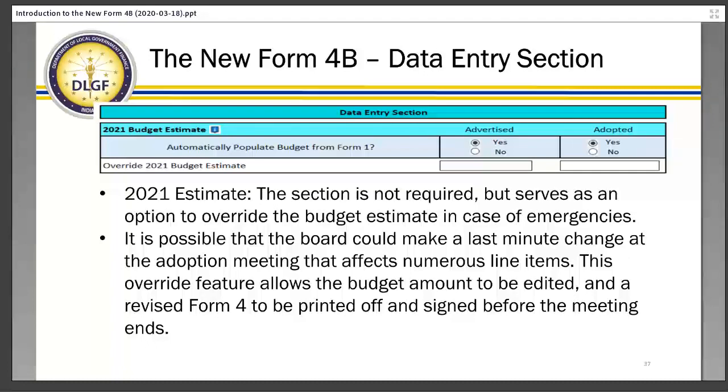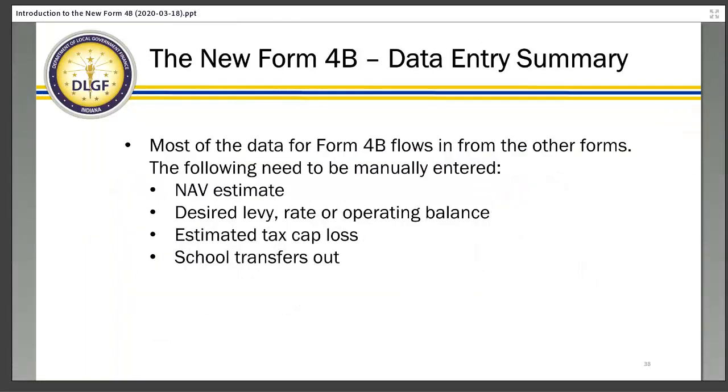This is not a feature that everyone will be using each year, but we're building it into the front end, so in case we need to break glass in case of emergency, we have the functionality to allow us to do that.